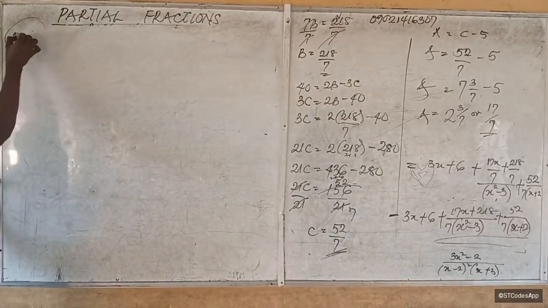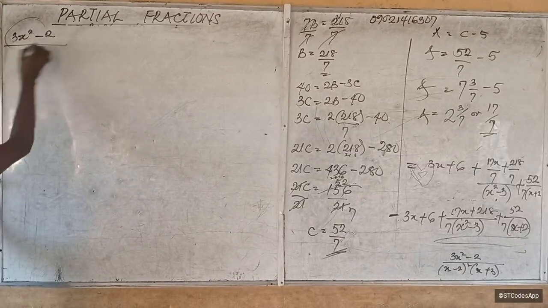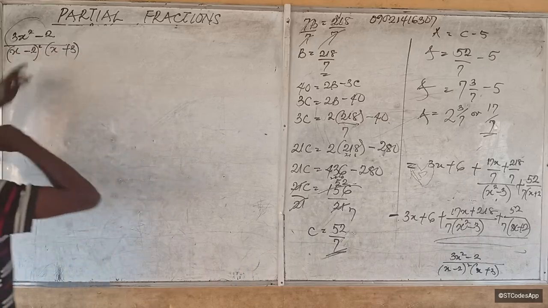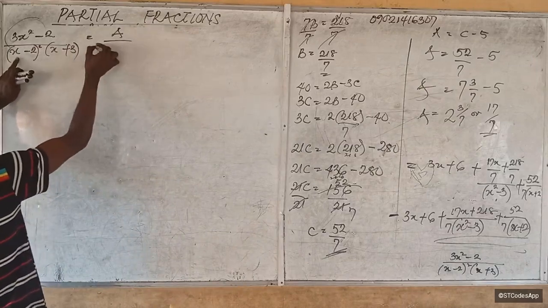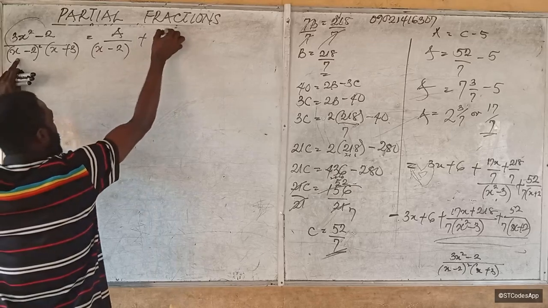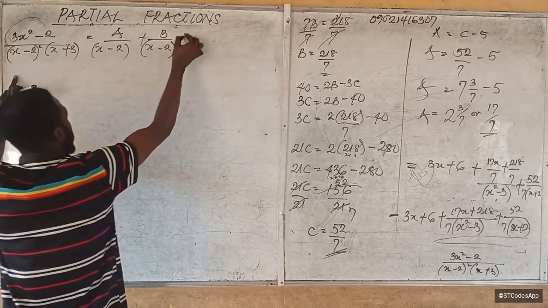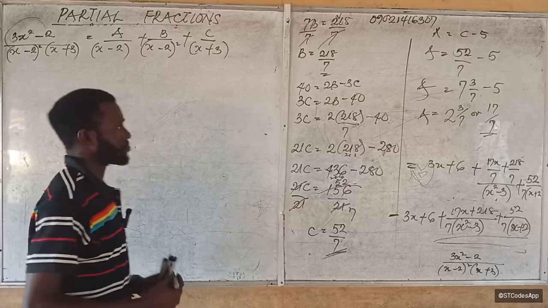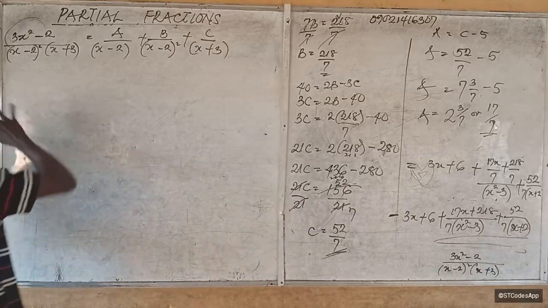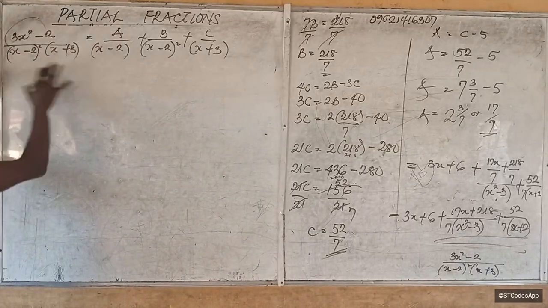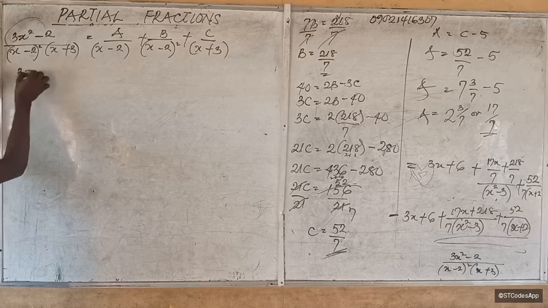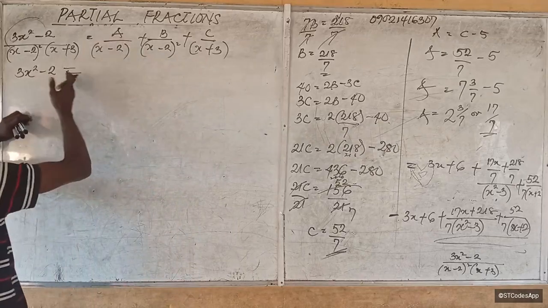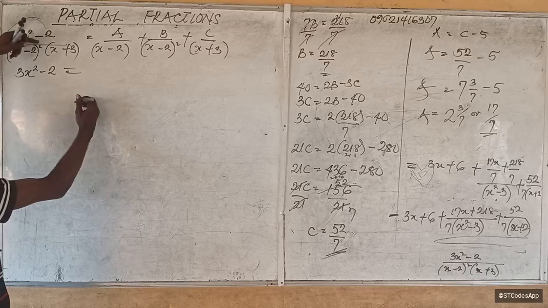See, 3x squared minus 2 all over x minus 2 all squared, then x plus 3. Okay? Now looking at this, I will express this as A over x minus 2, the first term, plus B over x minus 2 squared, plus C over x plus 3. You see? This is sweet. So what do we do? We multiply through by our LCD. By the time we multiply this side by our LCD, we'll be left with just the numerator, which is equal to, multiplying this side by LCD, you know this guy occurs twice here.